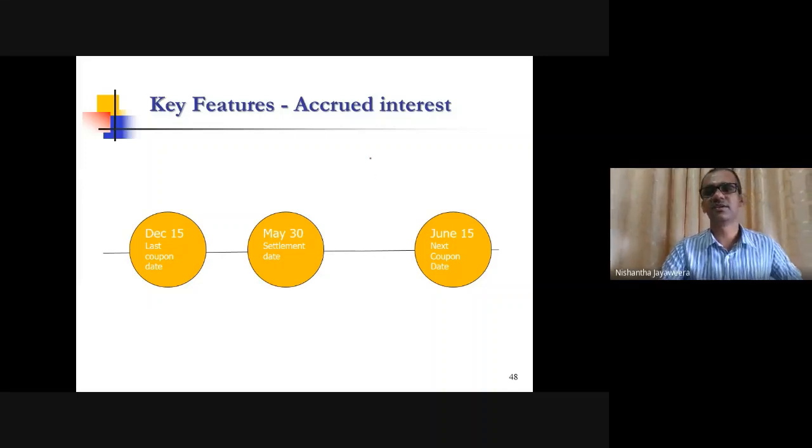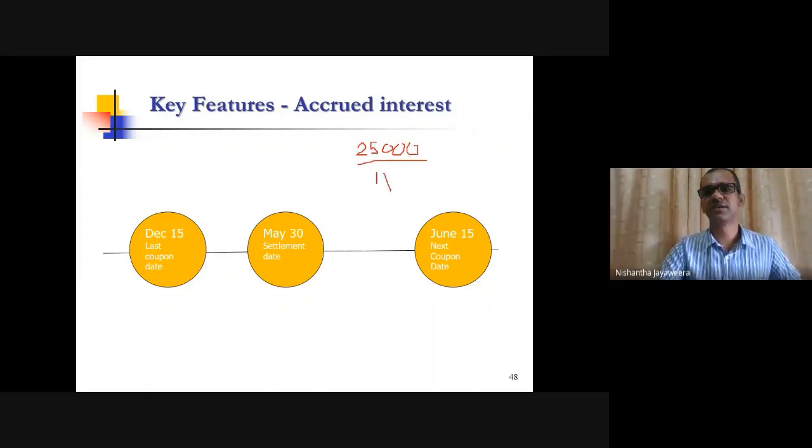I guess if we calculate the coupon, it would be 25,000. Can we discount it like this?